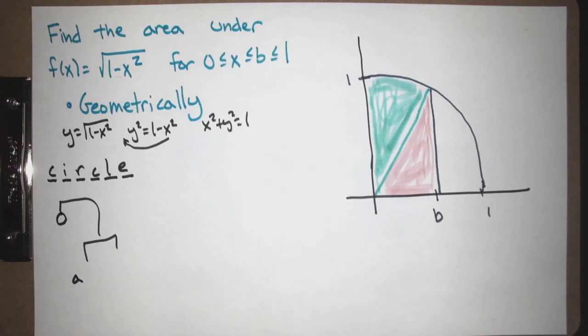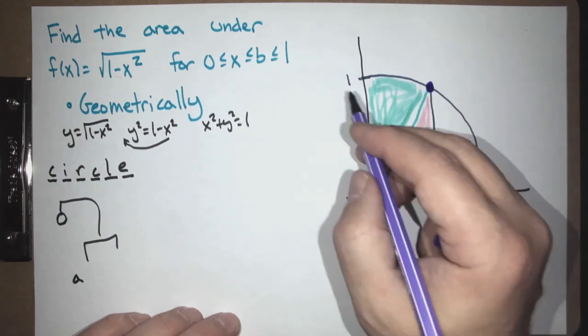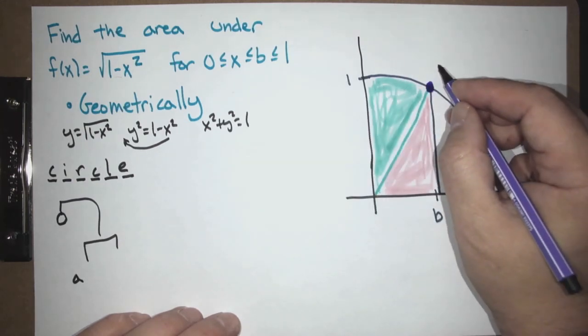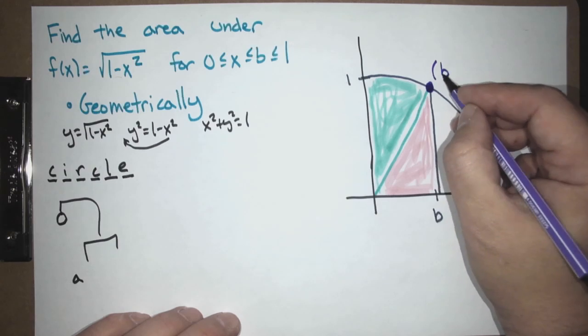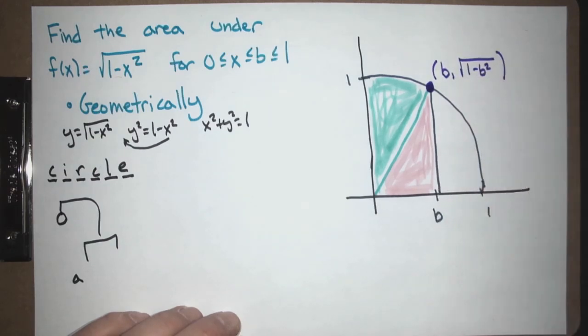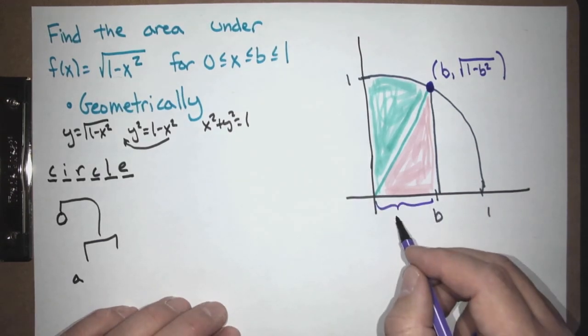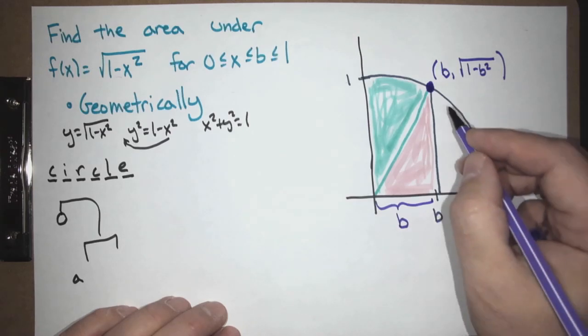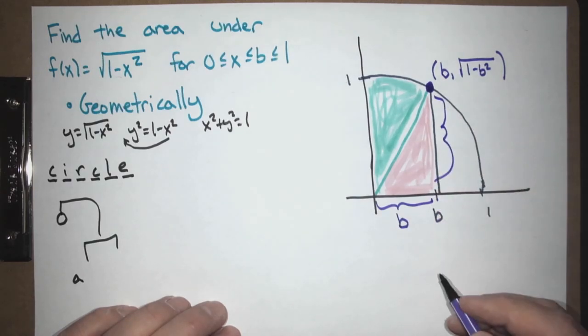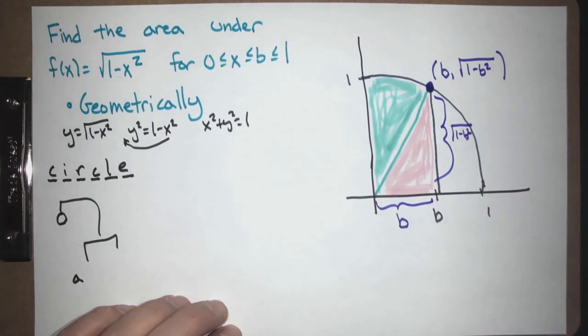Which one do you want to think about first? Triangle. Okay. Notice that this point is on the circle. So that says if my x value is b, my y value is the square root of 1 minus b squared. Which means if the base is b, this height is the square root of 1 minus b squared.